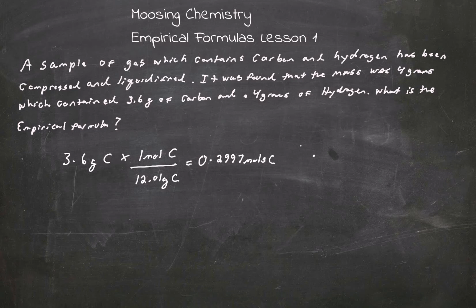Okay, so let's look at the other one. We have 0.4 grams of hydrogen. Now this is not going to be diatomic hydrogen because it's in a chemical compound. So this is going to give me 1 mole of hydrogen divided by, again, 1.01 grams of hydrogen. And that's what we find, again, on the periodic table.